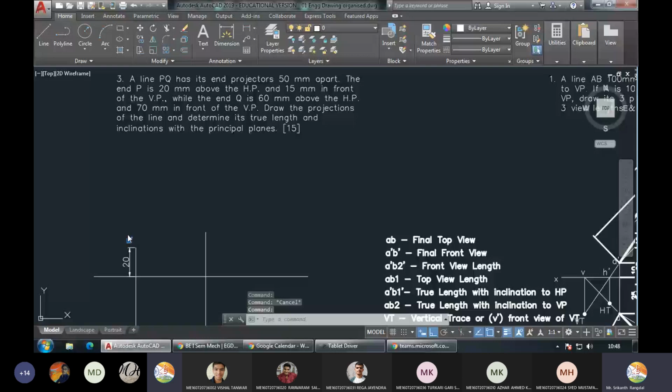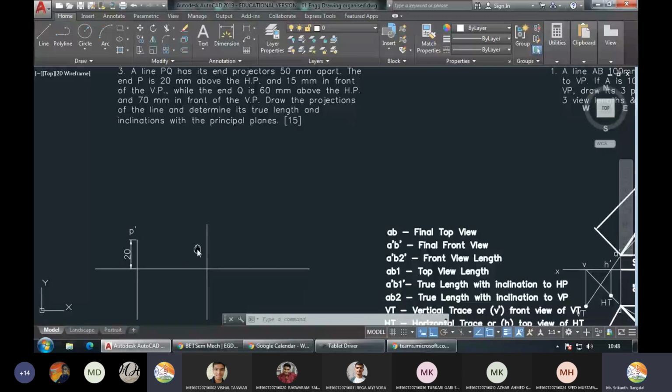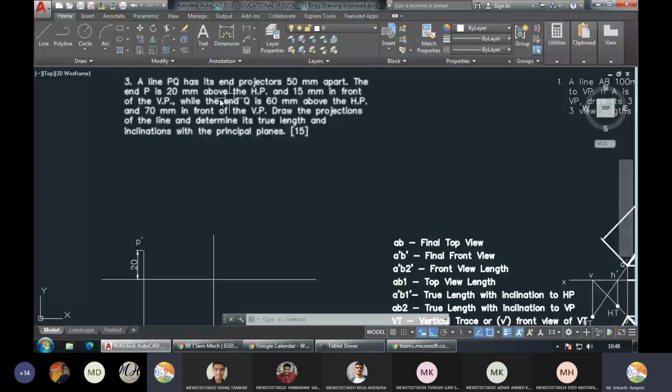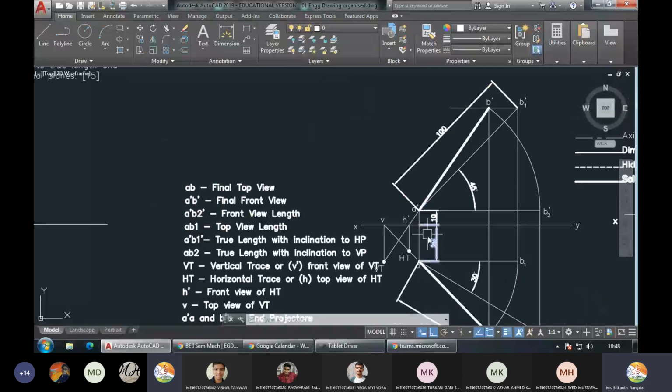Fine. So those who are not understanding, of course, it is being recorded. You can go back and watch it. If you come across any doubt, let me know. So 20 mm above HP, 15 mm in front of VP. So what should I do? This is the distance given, right? Instead of 25, this distance is 15.